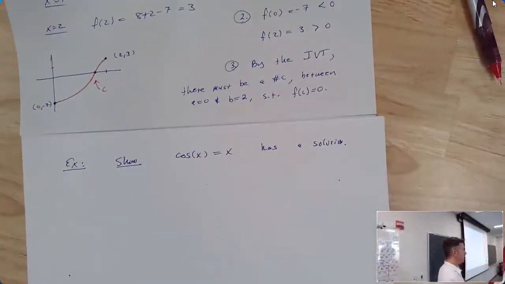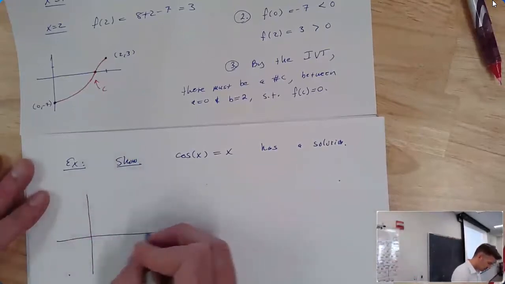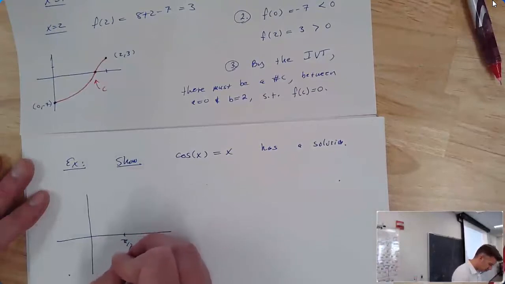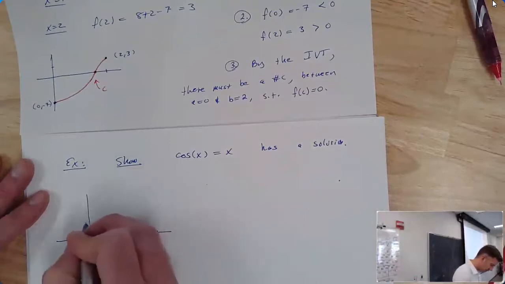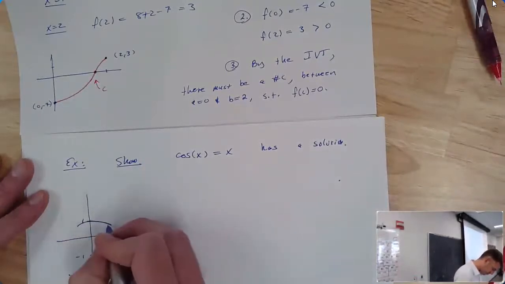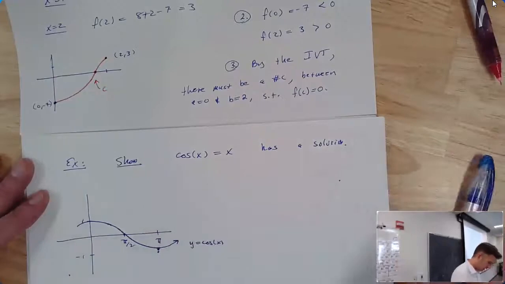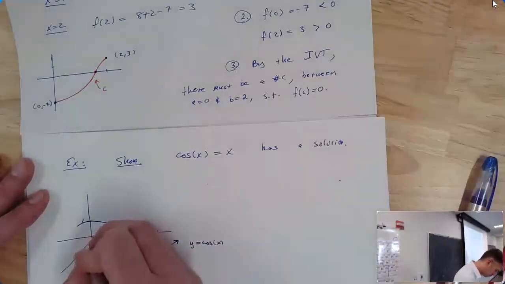Graphically, it certainly seems like it should. If we graph cosine of x, it's been a while, the cosine of x looks moderately like this. And y equals x looks about like that.